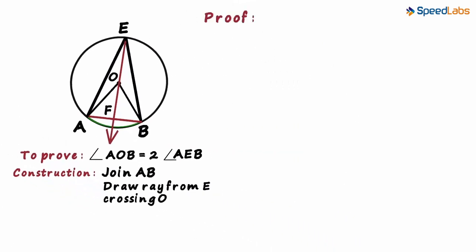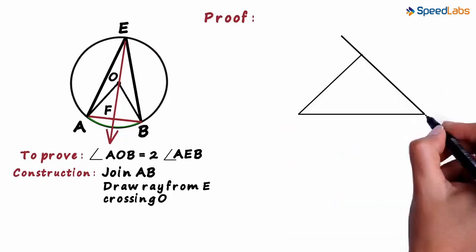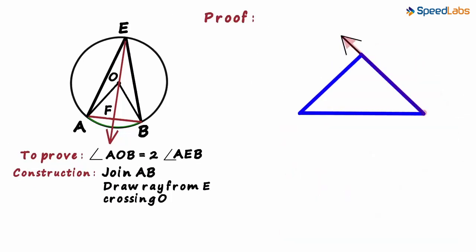Before we get to the proof, we need to understand one simple concept. The concept of exterior angle of a triangle. Consider this triangle in which one side is extended to be a ray. Let angles 1, 2 and 3 be interior angles of this triangle and let the exterior angle be 4.